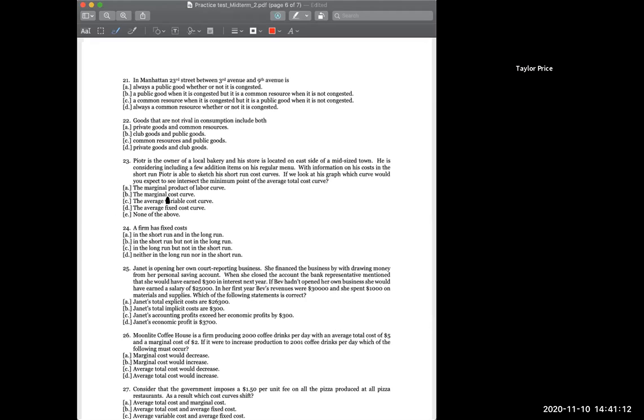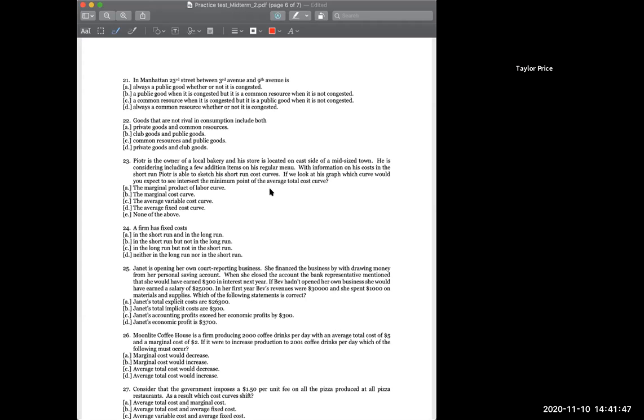Okay, so when you are looking at graphs of the average total cost curve, what you want to see is that the marginal cost curve is going to intersect the lowest point of the average total cost curve. The reason for that is that when the marginal cost curve intersects the minimum of the average total cost curve, that is how you know the individual's costs are at their lowest.